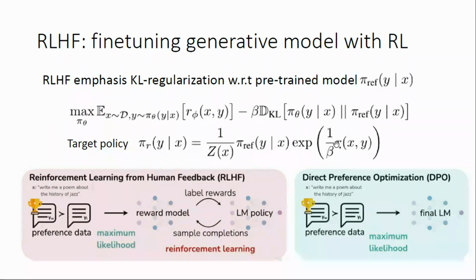This looks very familiar to you because previously we talked about the Boltzmann model, right? Essentially you take the exponential of reward divided by some temperature, which is a distribution proportional to the exponent of reward, but you can also adjust how greedily you want to follow this distribution by using a different temperature to smooth out your energy function.